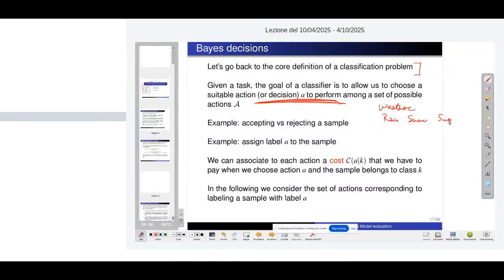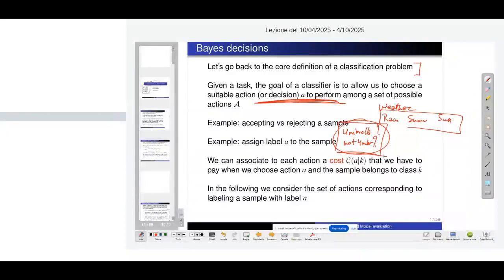My task may not just be to label rain, snow, and sun, but to decide should I take the umbrella or not. So this is my goal. These are the class labels, but my goal is to decide whether I should take the umbrella or not.